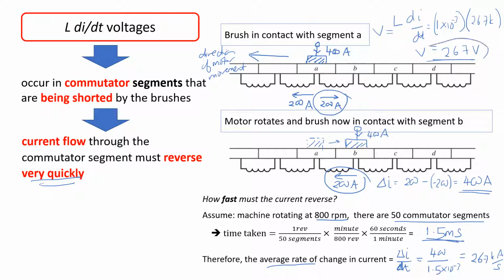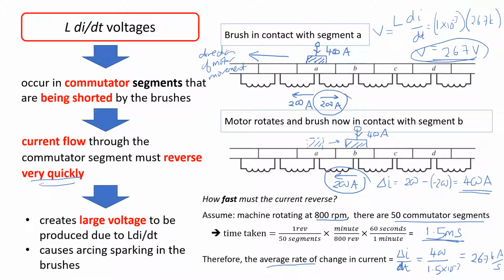Now this voltage is what we call the L di/dt voltage. The L di/dt voltage only happens at commutator segments that are being shorted, and it creates a large voltage due to the inductance in the machine. And this large voltage can cause arcing and sparking in the brush that is commutating or shorting the commutator segments. So this is the second problem in the commutation of the DC machine.